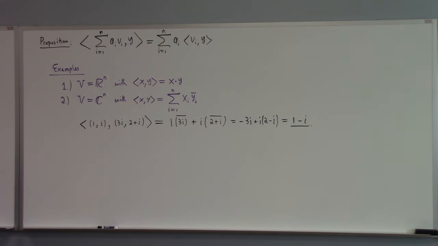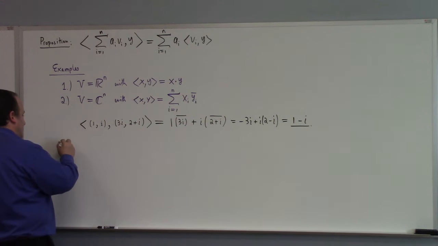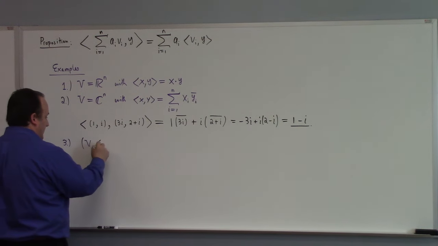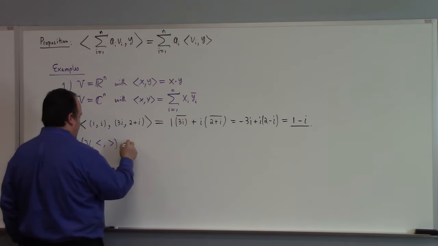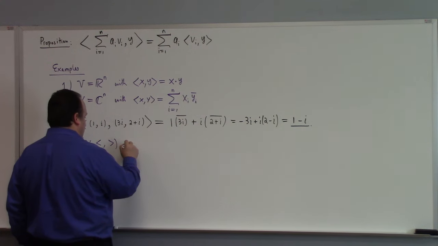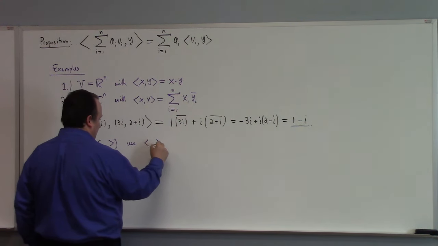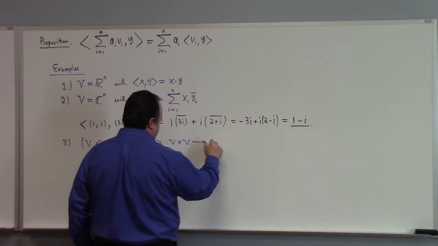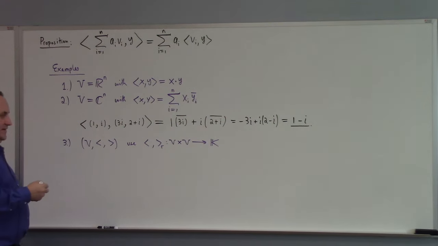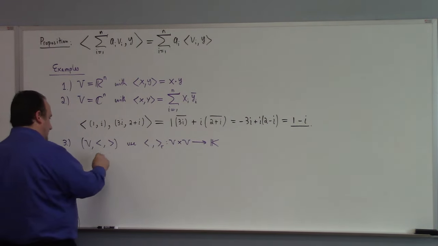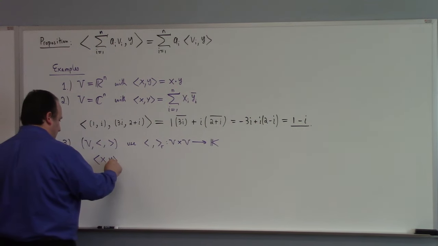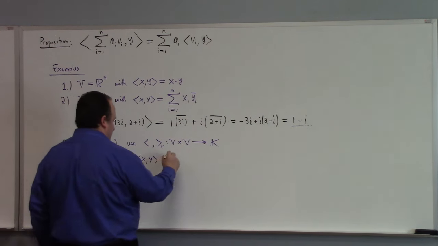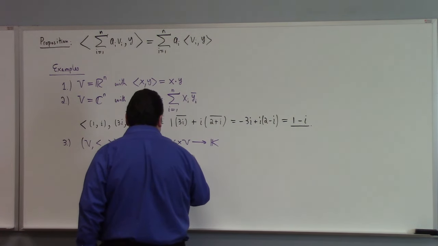Another example is kind of a meta example, but we could take V paired with this inner product and exchange it for, let's say, an inner product sub R defined as follows. The inner product of x and y sub R is R times the inner product of x and y, provided R is some positive scalar.